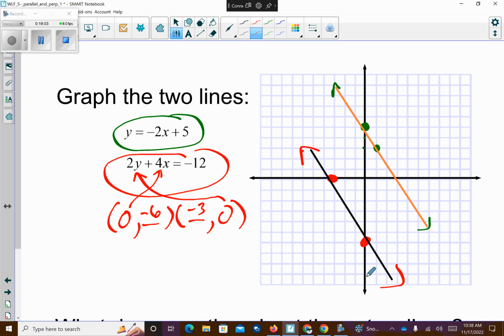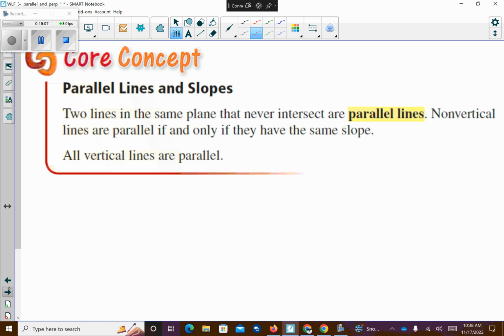Oh, someone looked ahead in the book. Okay. So they tell us this: parallel lines and slopes. I know you don't have this, but this is the core concept. It must mean it's important. Parallel lines and slopes. Two lines in the same plane, that means I graphed them on the same graph, that never intersect are parallel lines.